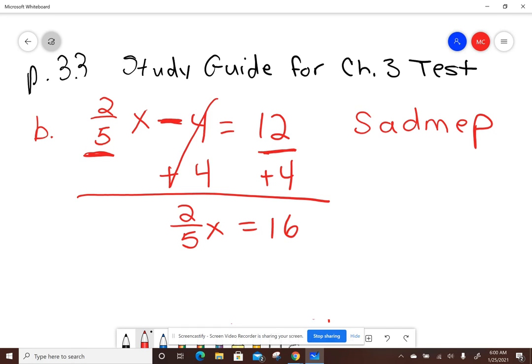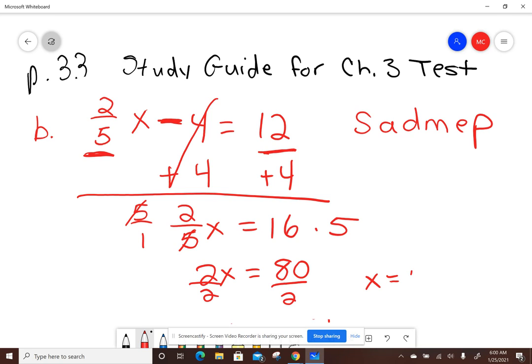Now I'm going to multiply this by 5 and this by 5. And I'm left with 2x equals, so multiply by 5, this is 80. Then divide by 2, x equals 40.